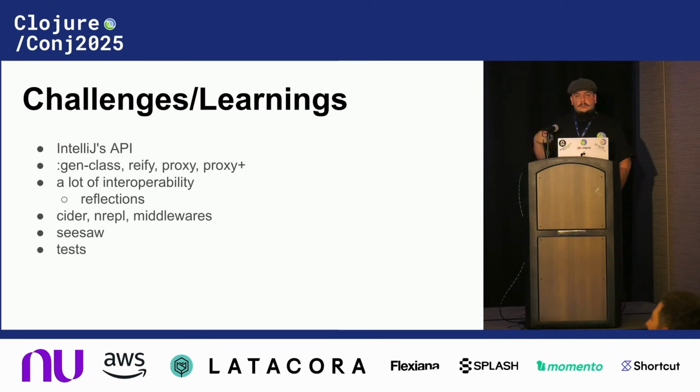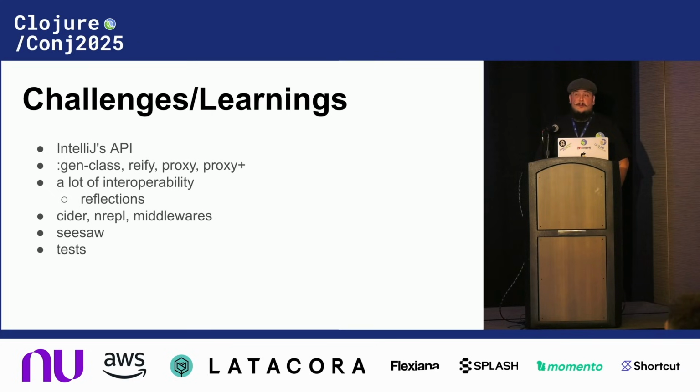Also, they expect a lot of classes, right? So we have to work with a lot of gen-class, proxy, proxy-plus, and it's really hard to understand this and find documentation and good examples. It was pretty hard to make it happen, but I learned a lot.